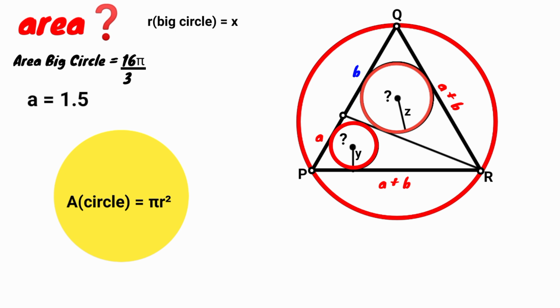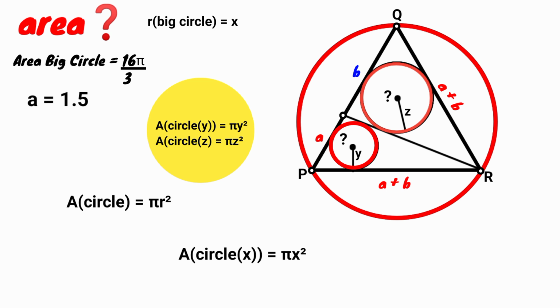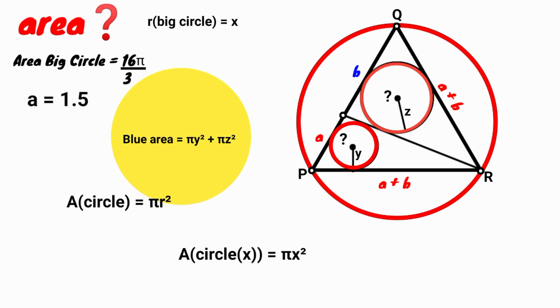We know r is representing the radius. So for this big circle, it's going to be pi x squared. This circle will be pi y squared, and this will be pi z squared. So from this, we can say blue area equal to pi y squared plus pi z squared. We can factor out pi, so it be pi into bracket y squared plus z squared.